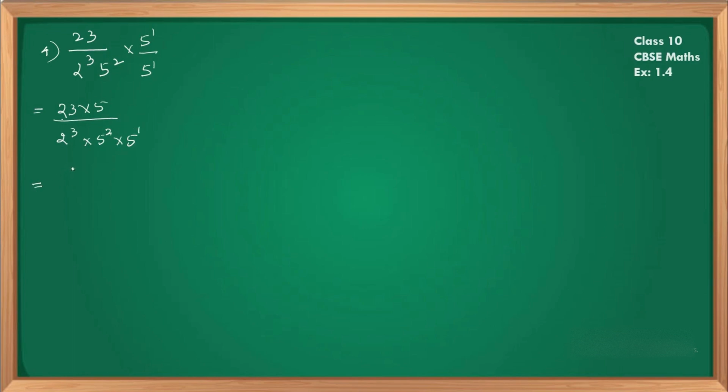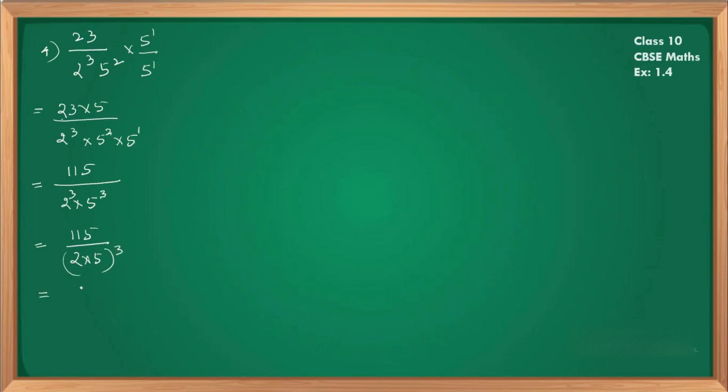Again multiply 23 and 5, you get 115 divided by, let us put all this in a simplified way, 2 cube into 5, when you put 5 together, the powers get added. 2 plus 1 gives you 3. In the last step we have 115 divided by 2 and 5 can be put together and then put the power 3 on the top.